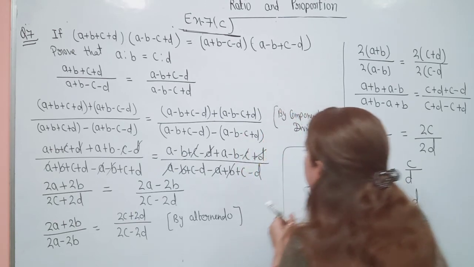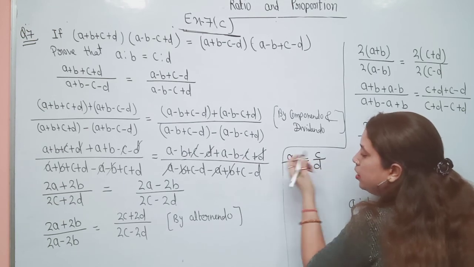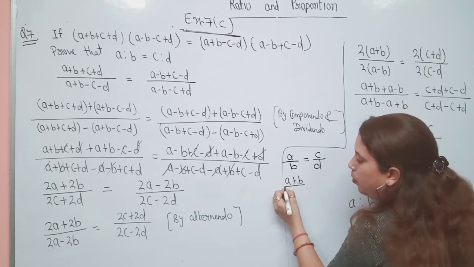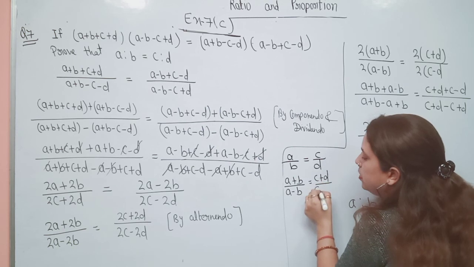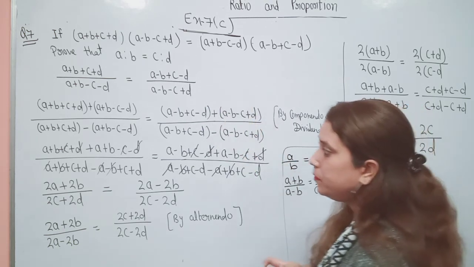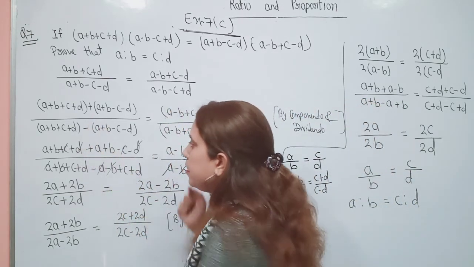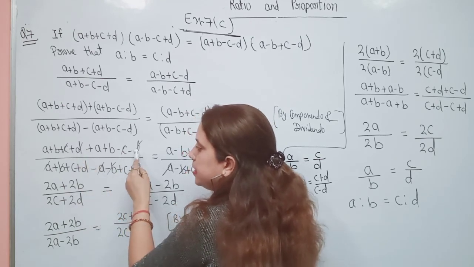What is the componendo and dividendo? If a upon b is equal to c upon d, then by componendo and dividendo it will be a plus b upon a minus b is equal to c plus d upon c minus d, same as it is. Now when we open the bracket, plus c minus c cancel, plus d minus d cancel.